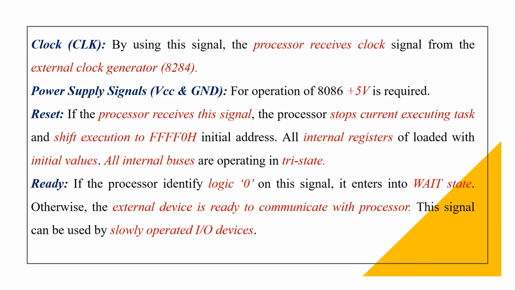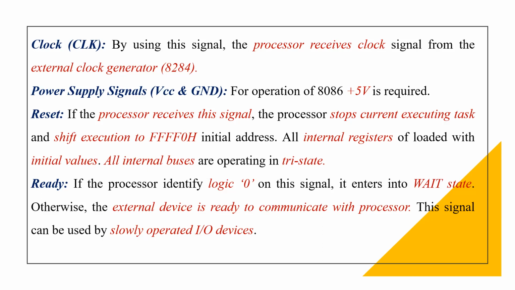The second thing is all its internal registers are loaded with their initial values. I'm not saying they are all 0, because all our registers may not be loaded with 0. Some registers are loaded with non-zero values, especially our code segment register CS is loaded with 4FH. But the majority of registers are loaded with the initial value 0. That's why I mentioned that all internal registers of the 8086 are loaded with their initial values.